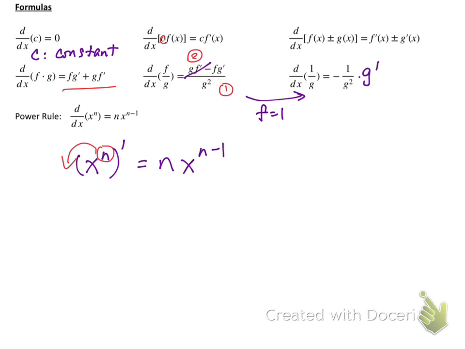In particular, for 1, I shouldn't say constants. So 1 prime will be x to the 0 prime, which will be 0 times x to the 0 minus 1, 0 times x to the negative 1, which is 0. Again, I'm trying to show you that all the formulas are true, and they somehow verify each other. And these are the formulas.